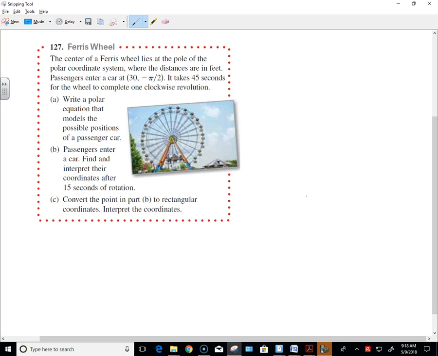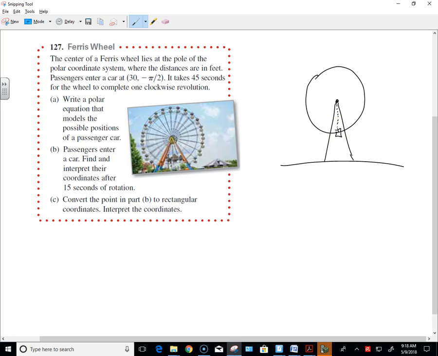They give us a lot of things about this Ferris wheel. They give us that we have this guy off the ground a little bit. We know passengers enter a car at negative pi over 2. Isn't negative pi over 2 straight down? Why does it make sense that passengers would get in a car right here?